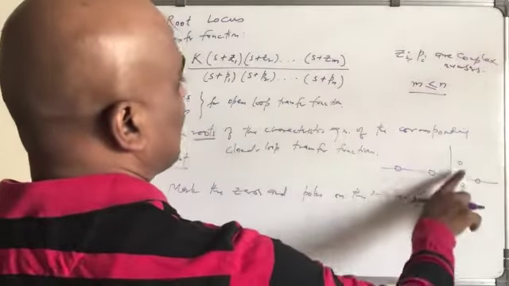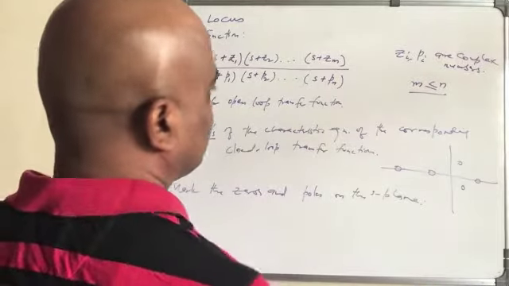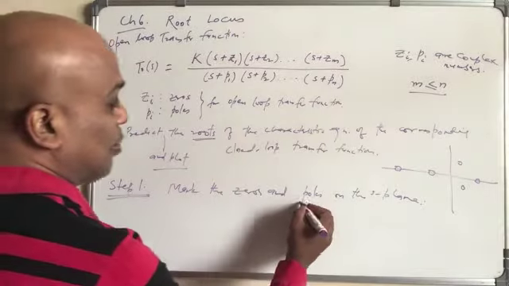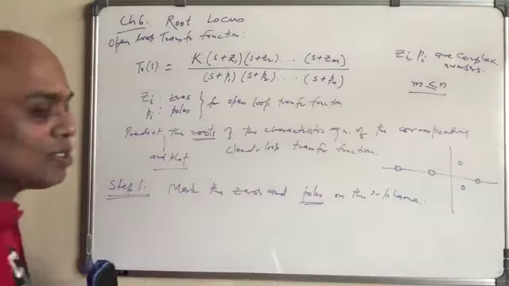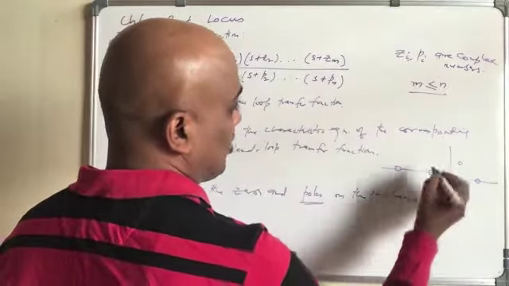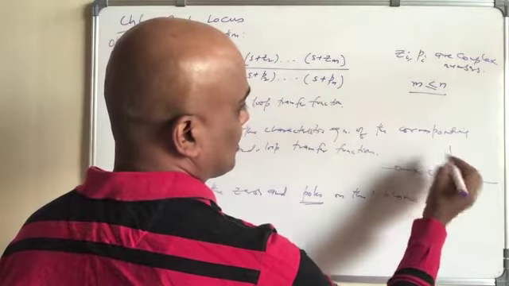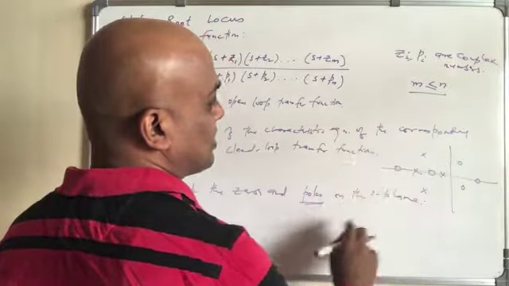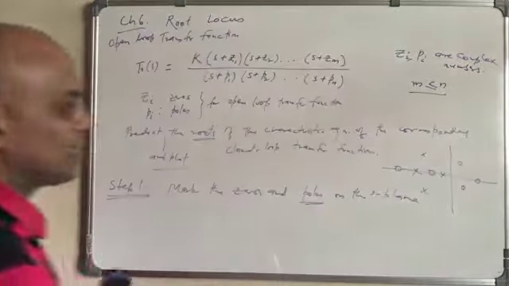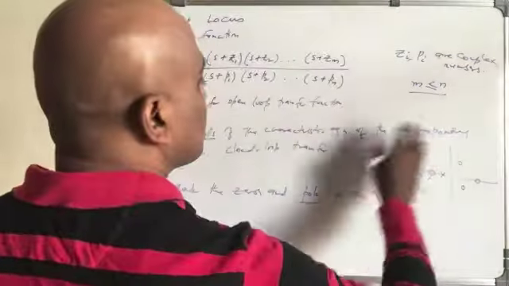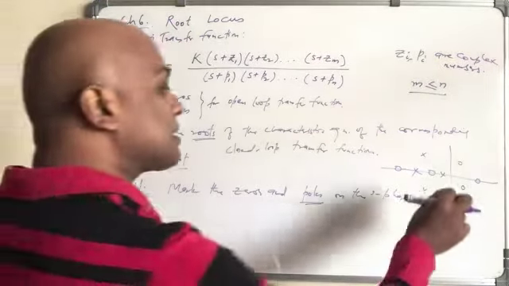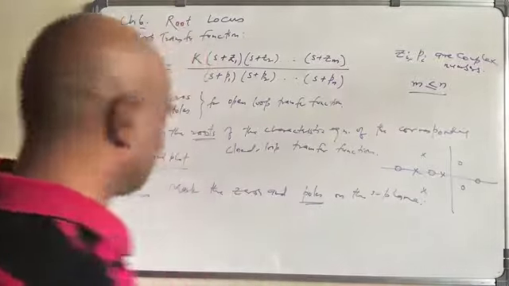So first thing you are going to do is mark them. Then poles also you have to mark. Poles will be crosses. This can also be a complex conjugate, and all those things you are going to mark. And then based on that, you can also predict a few things.